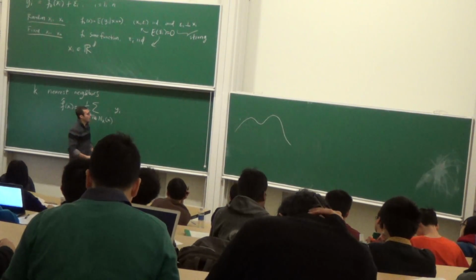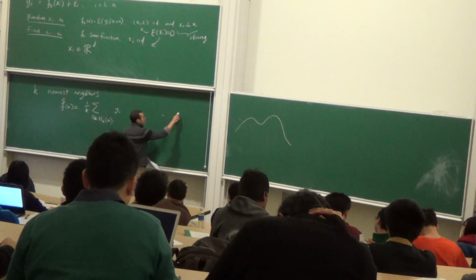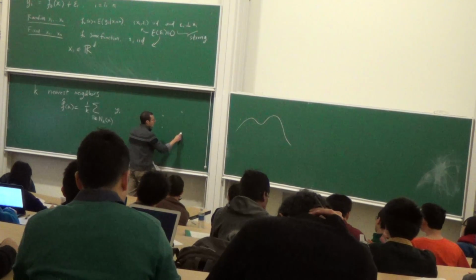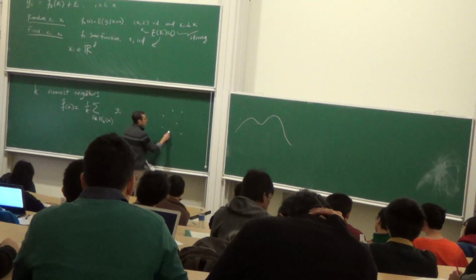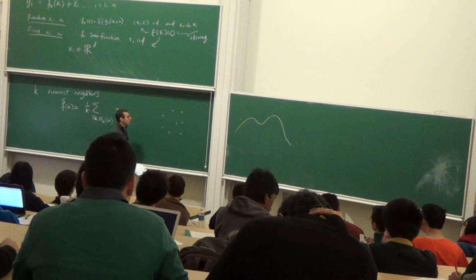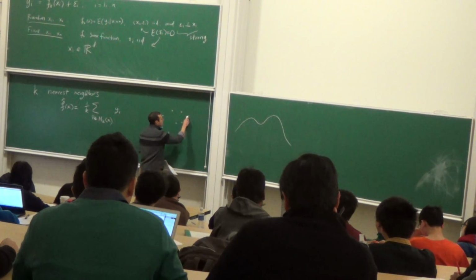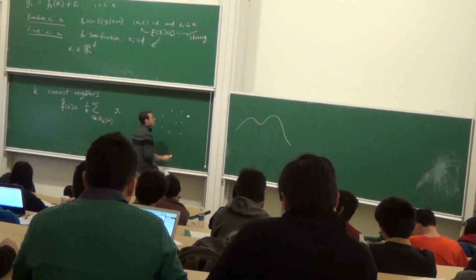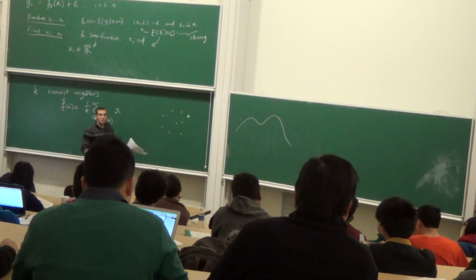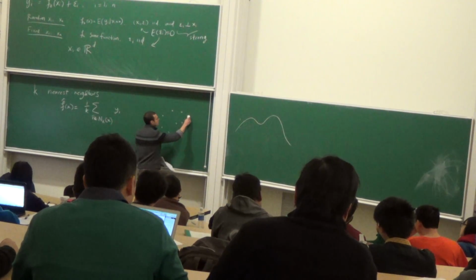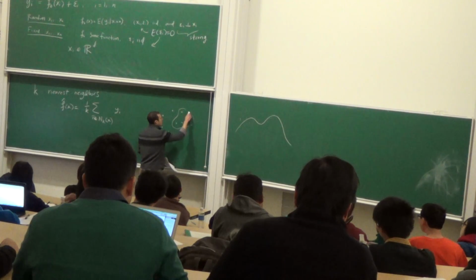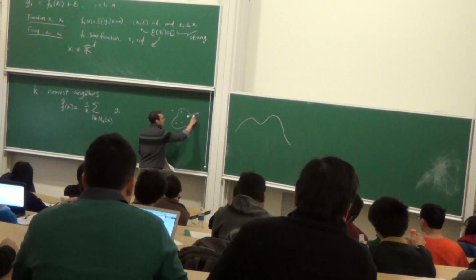Right, so these might be my input x's, and let's suppose that k was 3. You give me a new x, let's suppose it sits here. So I find the 3 nearest neighbors in my data set to this input point x.